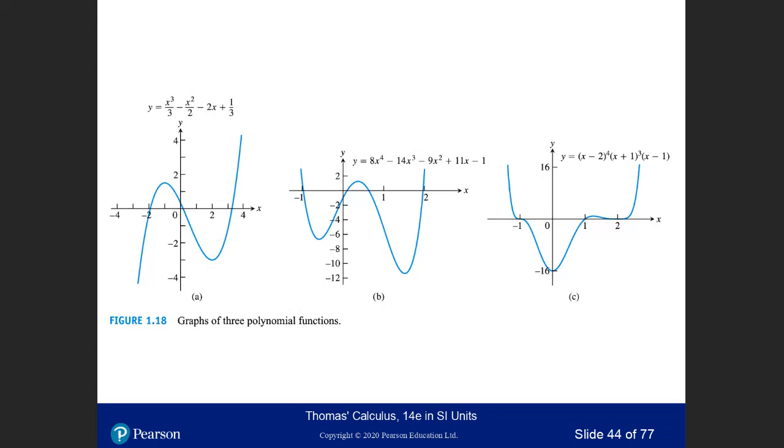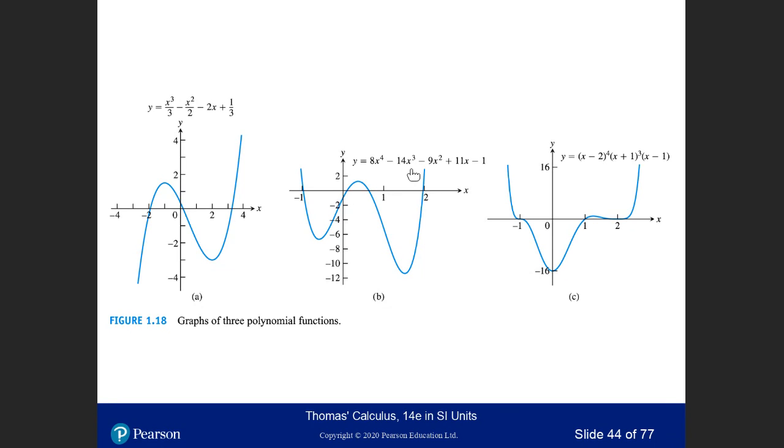Okay, here are some examples of polynomials. If you look at this, that's a third degree polynomial. All the roots of this polynomial are real. Now you know it crosses the x-axis 3 times because a third degree polynomial always has 3 roots.